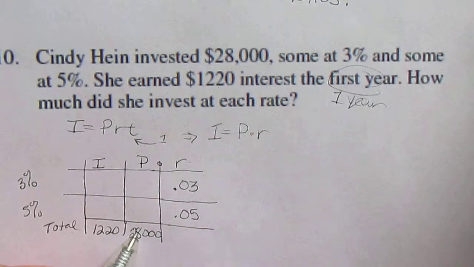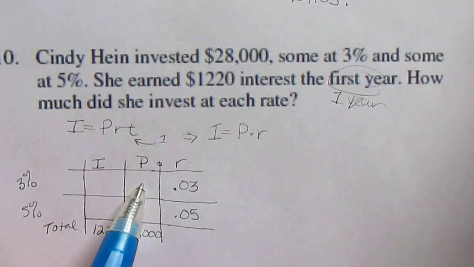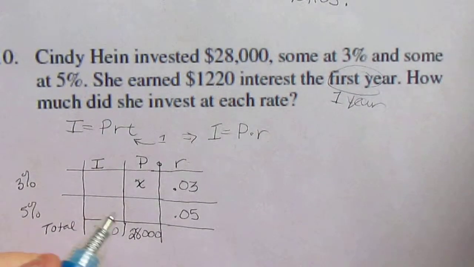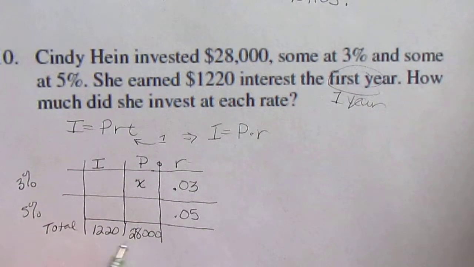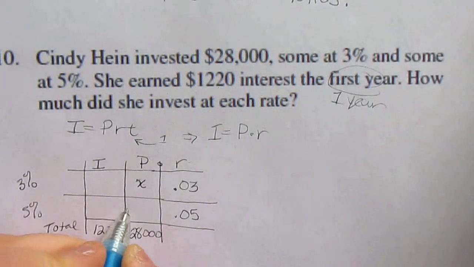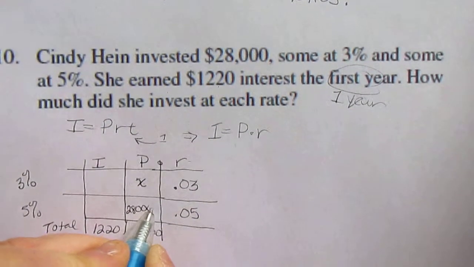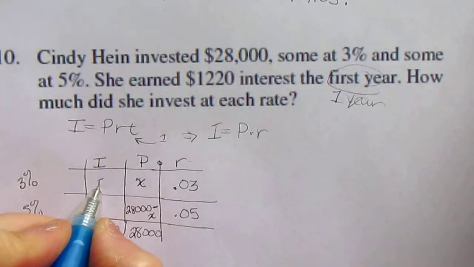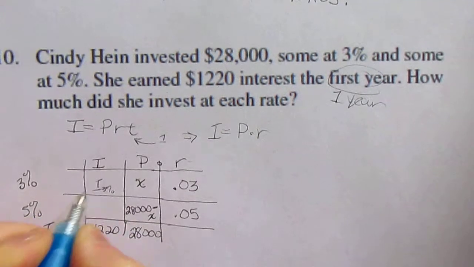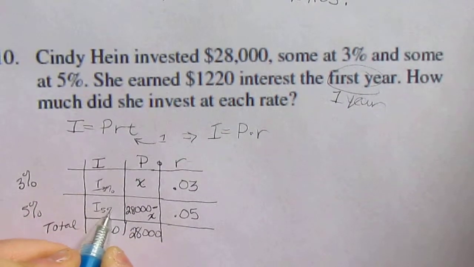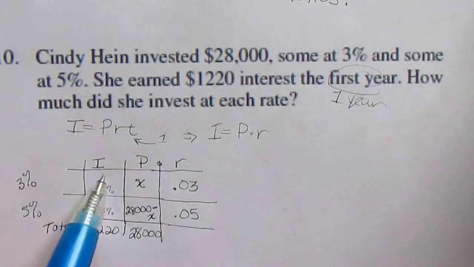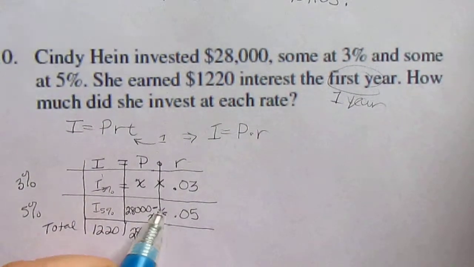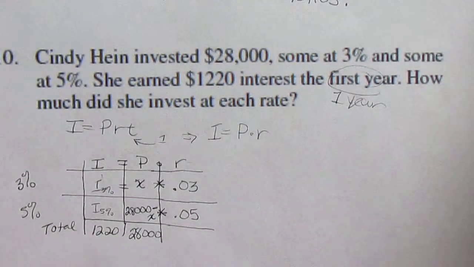Well, she invested part of her money at 3%, and the other part, or the remainder, or the leftover, at 5%. So this is interest at 3%, let's just call it that, and interest at 5% equals $12.20. Well, I do know what the interest at 3% is.